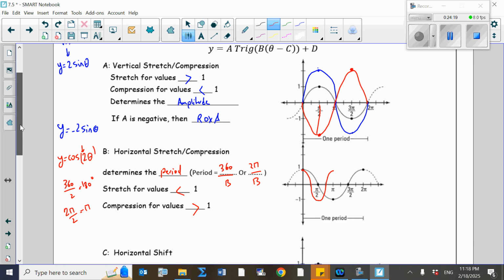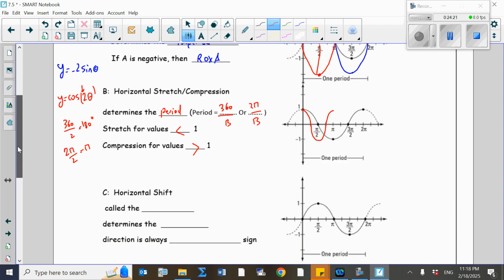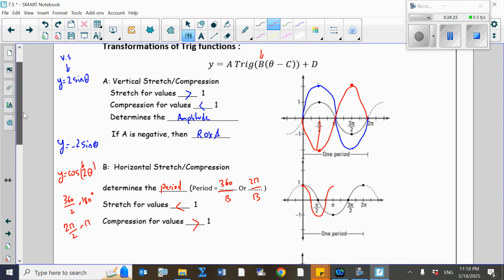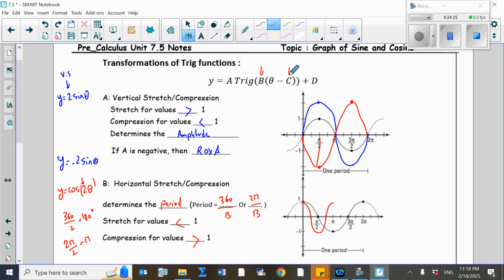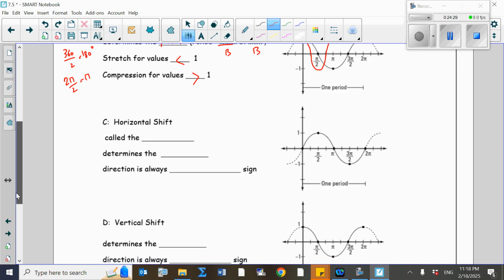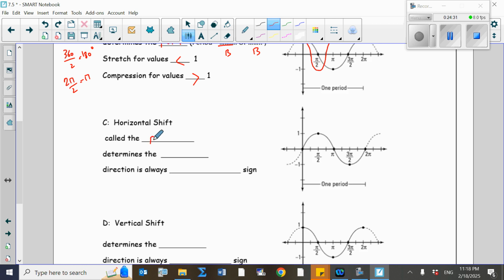Next thing that could happen to your function is horizontal shift. That's when you add or subtract a value to your theta. It's going to move your function left or right. We call that also phase shift. It determines the start point, and as a result, the critical points will also change.